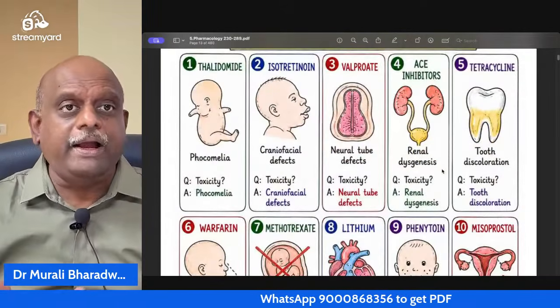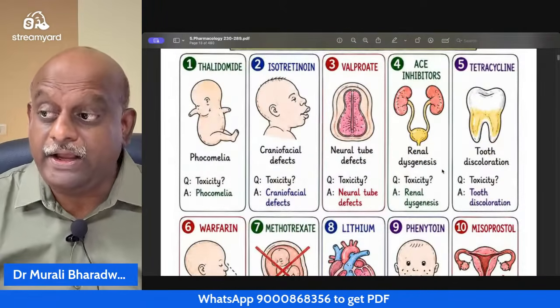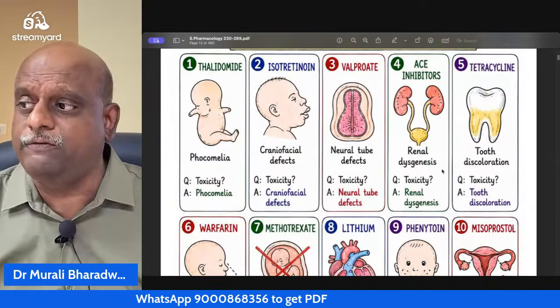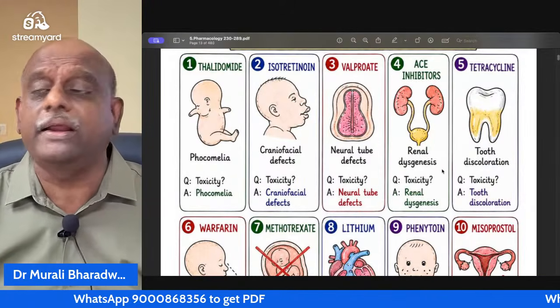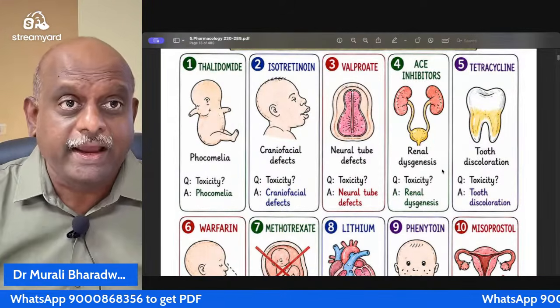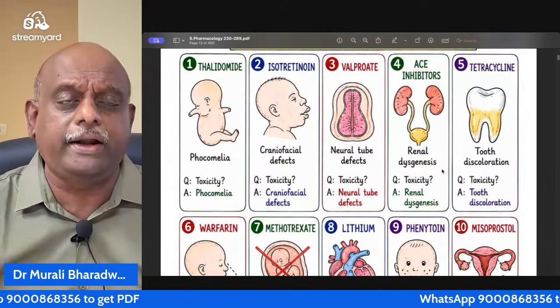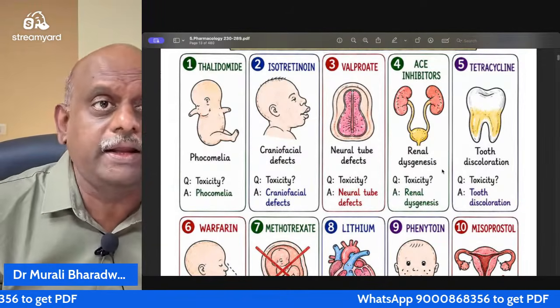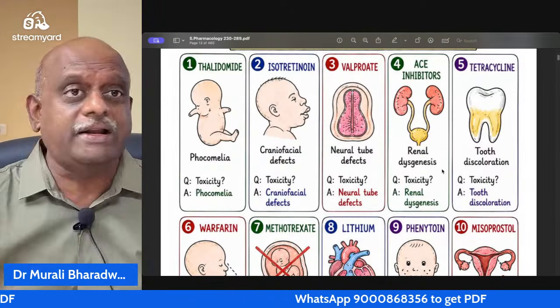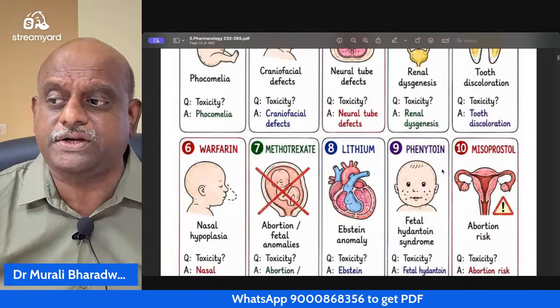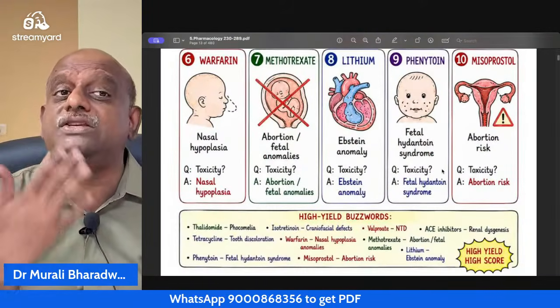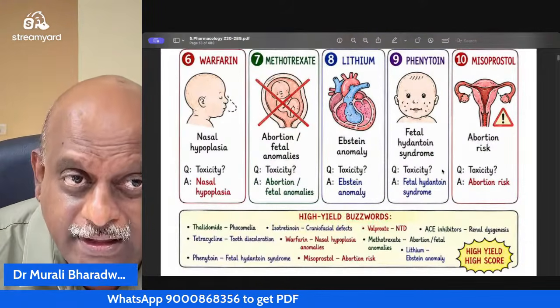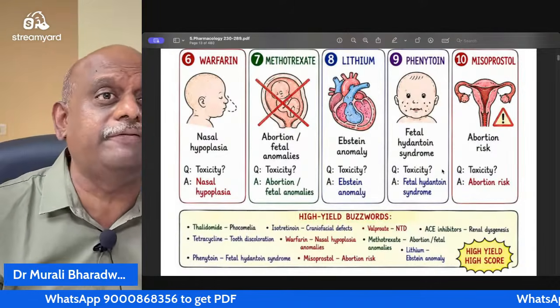Similarly, thalidomide can lead to phocomelia, isotretinoin can lead to craniofacial defects, valproate can lead to neural tube defects. ACE inhibitors are absolutely contraindicated in pregnancy because they lead to renal dysgenesis. Tetracycline leads to tooth discoloration. Nasal hypoplasia is very common with the mother who is taking warfarin.